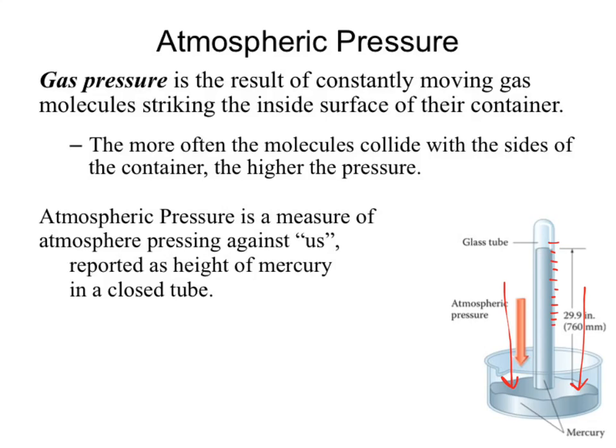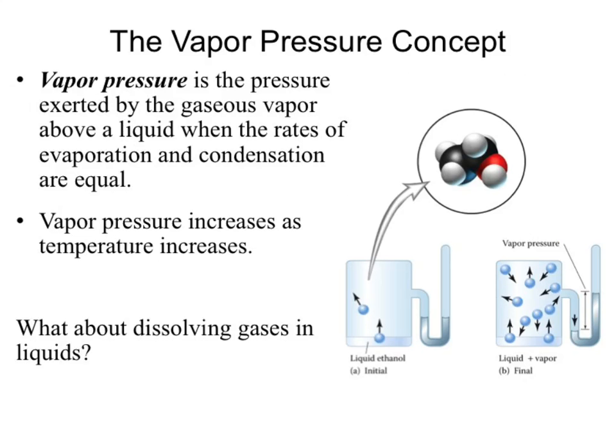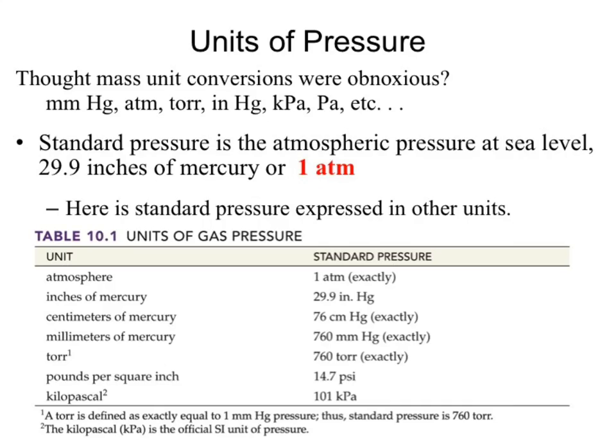And we have a stupidly large amount of possible units for our pressure. And what makes this particularly obnoxious as far as you're concerned? Oh, it's not quite that bad.